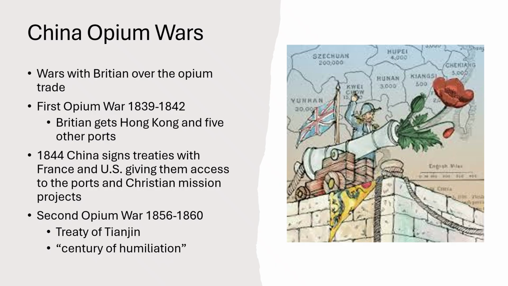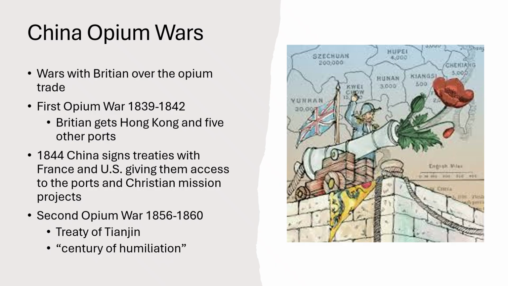And in 1844, China is forced to sign treaties with France and the US, giving them access to ports as well as the British, and Christian missionary projects, right?